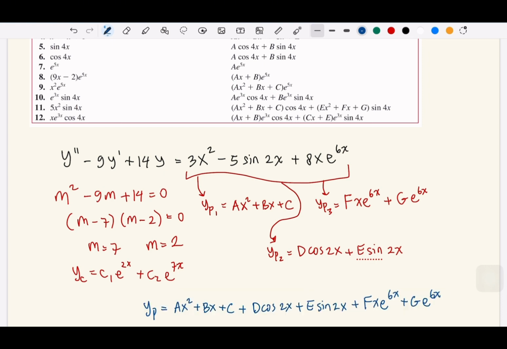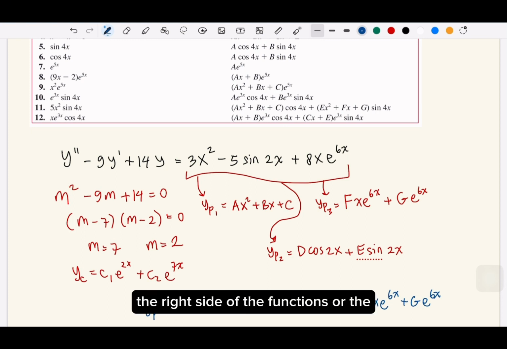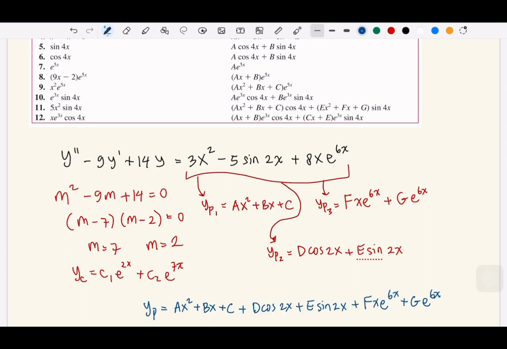So every time you see the right side of the differential equation, if you see something like a polynomial, linear equation, exponent, sine or cosine, you could definitely use this method, the undetermined coefficient.